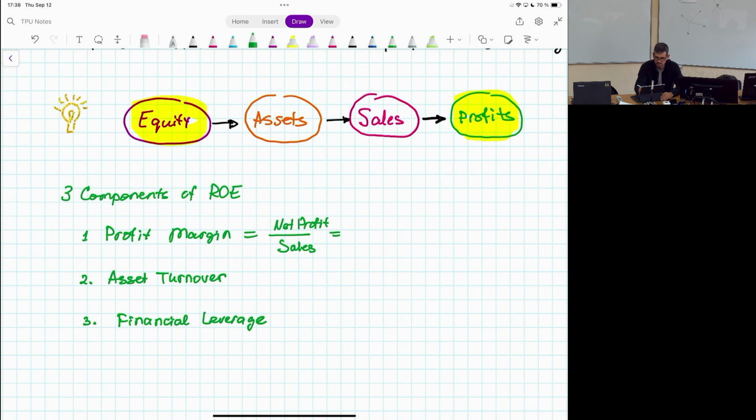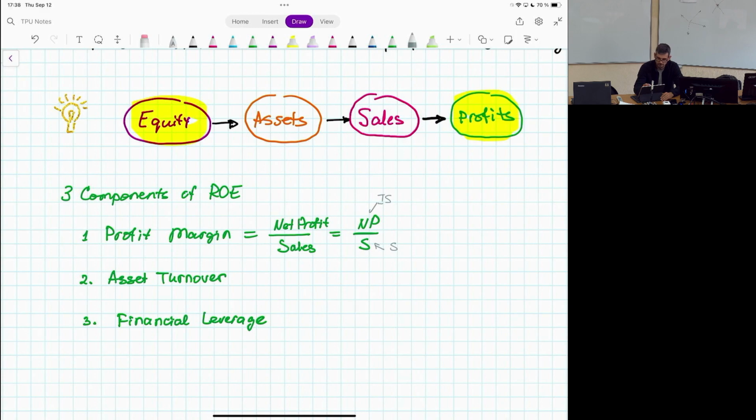But then we will use the abbreviation. Net profit will be NP, sales will be S. Okay? So, where do we find net profit? We find it in the income statement. Where do we find sales? We find them in the sales statement. We'll do it a little later.